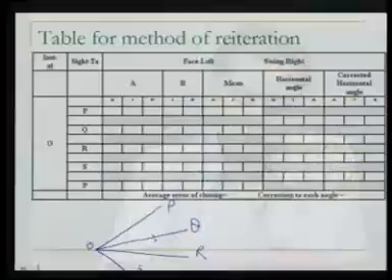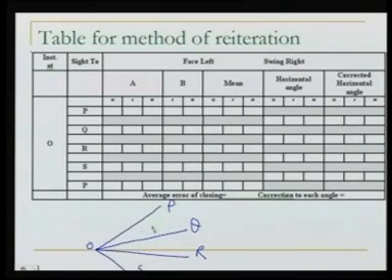Now how to record these readings, how the tables look like. I am going to show you the tables now. The table looks like this here, and in this table, as you can see, once we start taking the observations from P, whatever was the value at P, it was 0, 0, 0. This is the table for face left, and we are swinging the instrument to right. What we write, the first column is instrument at, because the instrument is at O. Then we are sighting to number 1, P, so the readings were 0, 0, 0.